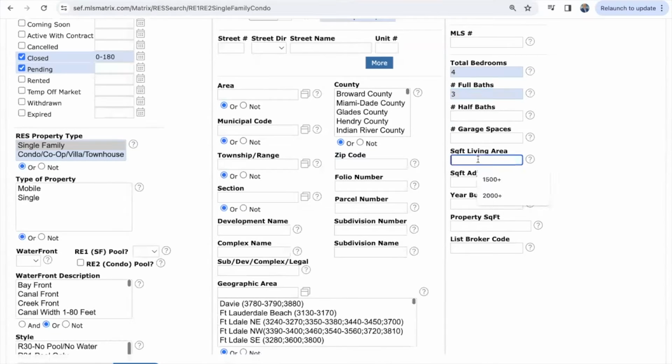And then the size is also something very important. So if the property has a size of 3,200 square feet, the allowable range that you can do is a 20% difference between the subject property and the comparables you're going to choose without having to do adjustments.